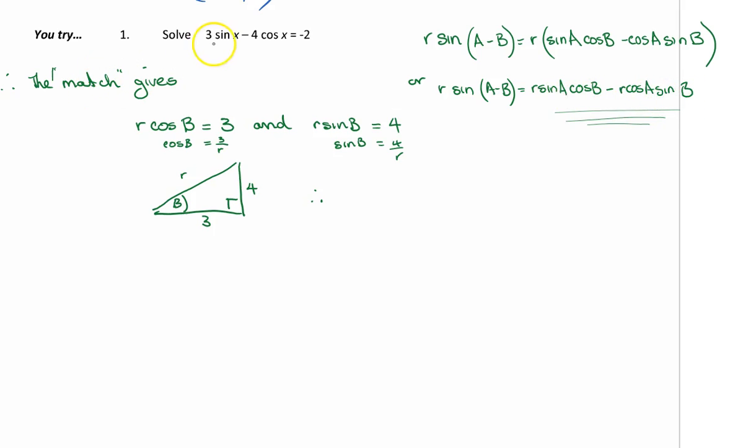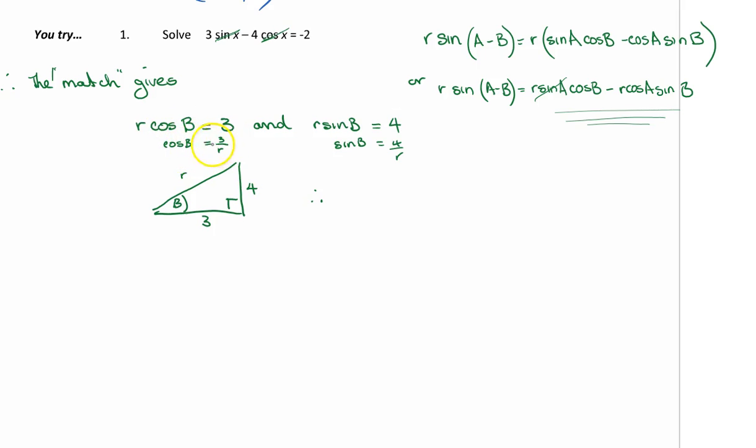So the match actually becomes, it's sort of like we ignore that for a minute and we'll ignore that. And we're just going to take the 3 and match it up with everything else except the sine, which leaves us with that 3 is actually r cos b, or r cos b is 3.